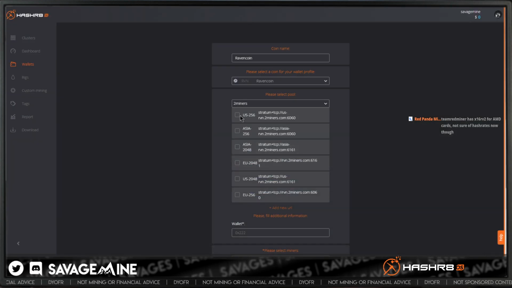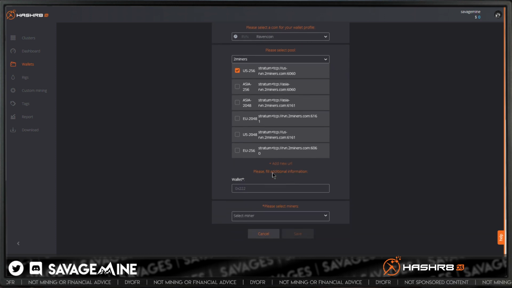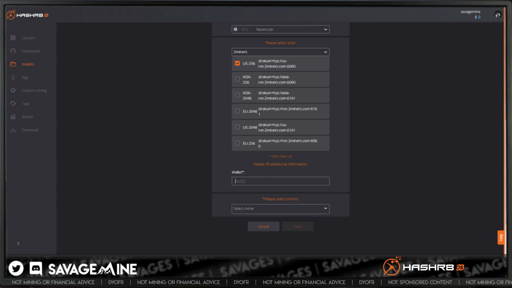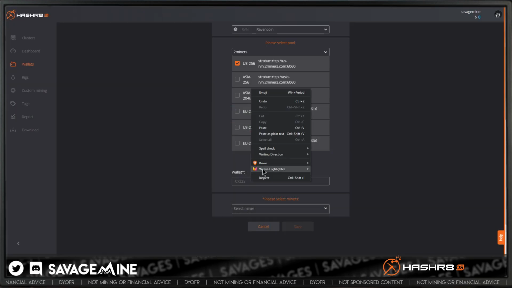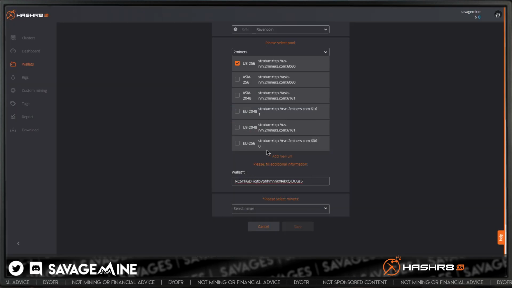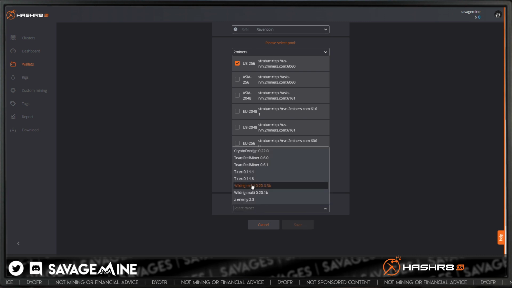So it'll be this top one. I think these are NiceHash or something right here. All right, then for the wallet, I grabbed that from Zelcore, right? So here's my Zelcore wallet. And then the miner, we're going to use T-Rex, the latest version that's in here.